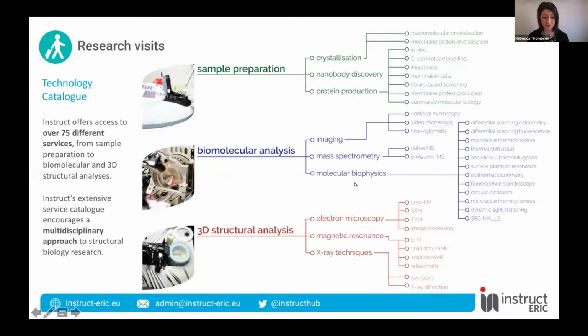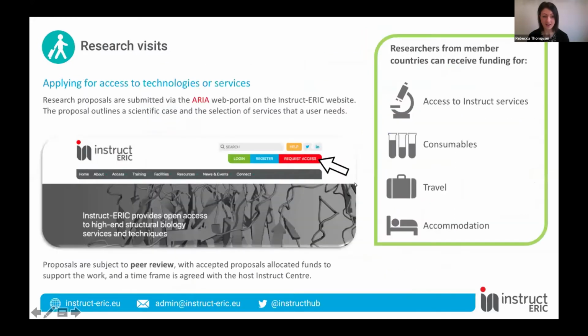How do you get access to all of these exciting technologies? Well, if you go to the Instruct website, and the web address is just there below, you'll be able to have a little look at all of the different facilities and technologies which are available. And then in terms of applying for access, it's really simple. You just click on the request access button, fill out a short form, which is then subject to peer review.